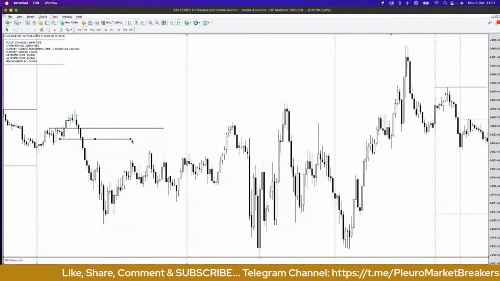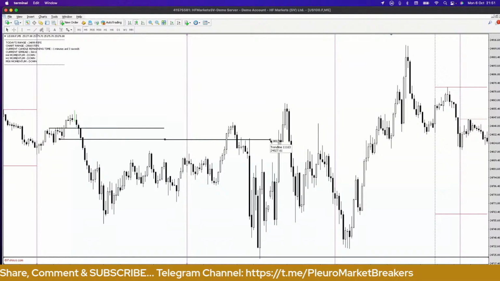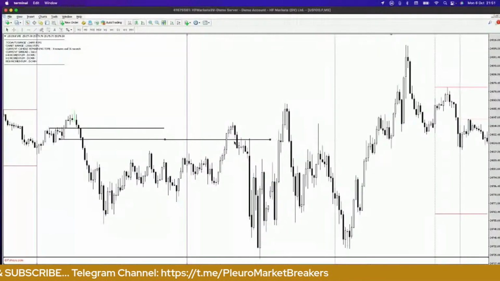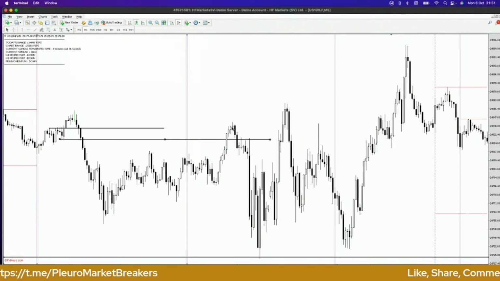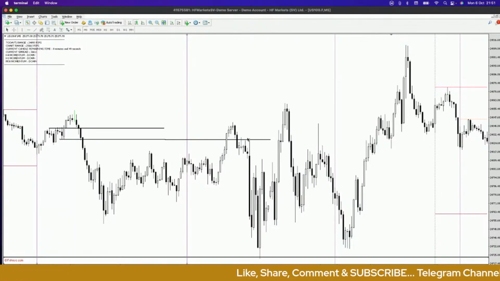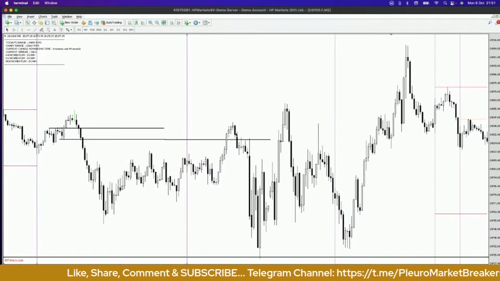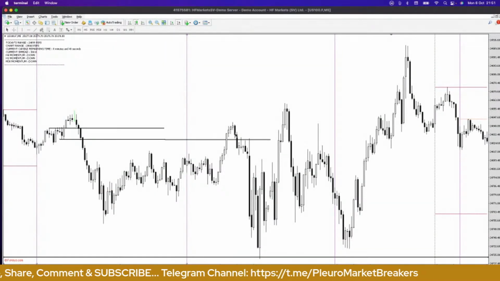Now, did it come back in the next session? Yes, it did. Can you see that? So that's still valid. We're still in the same day. Do we have an engulfing? Yes.